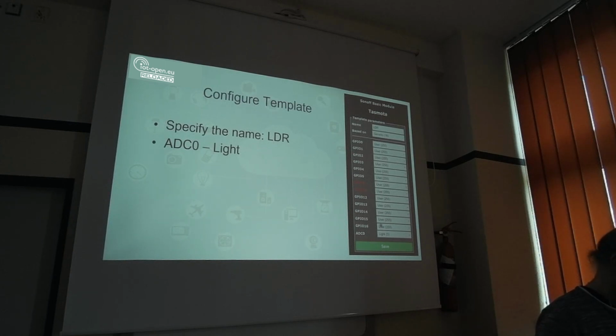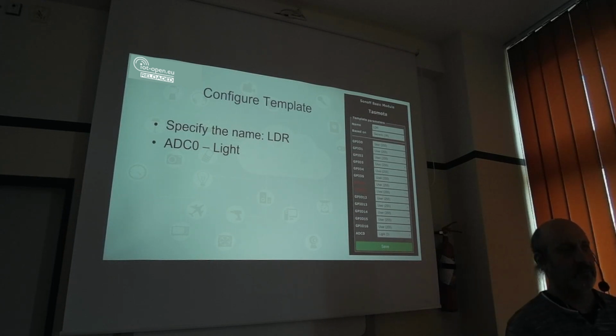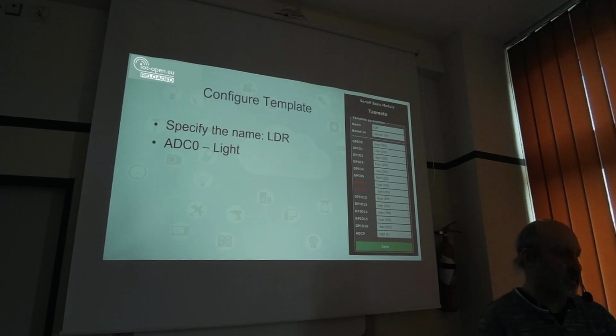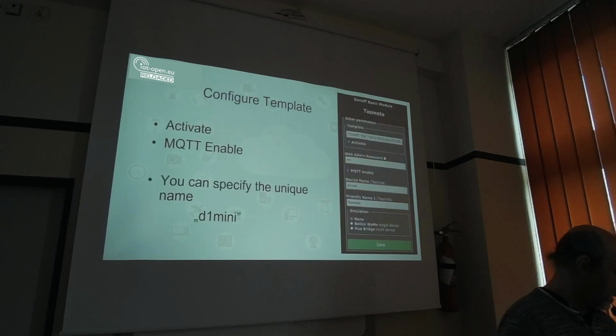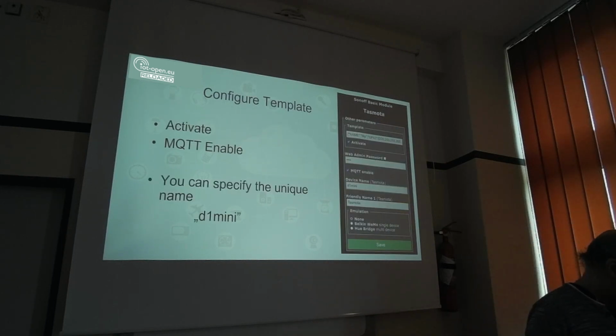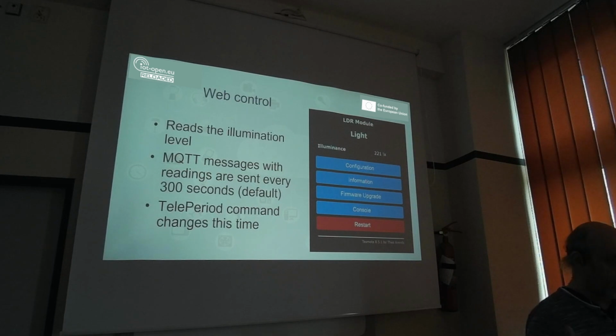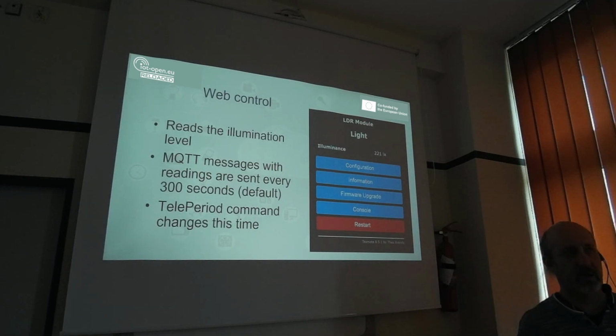Of course, it won't give us the information in luxes, because it must be recalculated somehow. But we will have the information about the intensity of the light. Of course, we need to activate the template, activate MQTT, and this is how it looks.